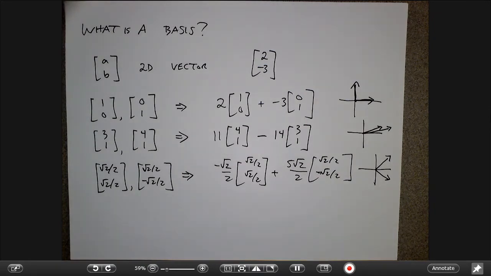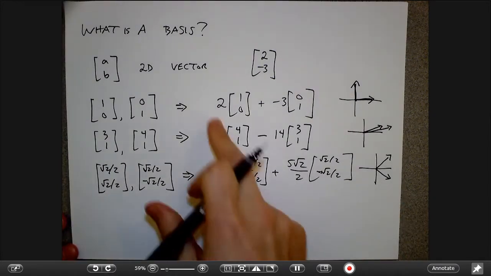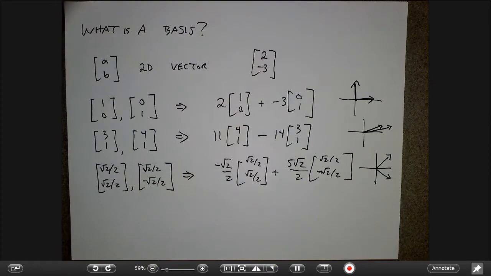If any of you have done principal component analysis in a machine learning class, for example, you're taking the original basis and changing it to a more favorable one in which the first axis corresponds to the dimension where the signal is varying the most. If you've taken Malik's machine learning class, you probably did some sort of PCA. The point is that different bases have advantages and disadvantages for representing a signal.